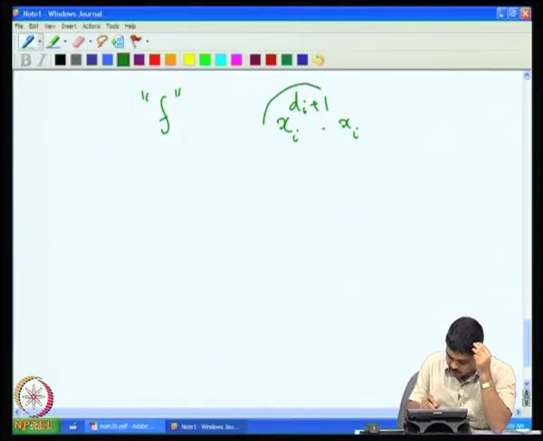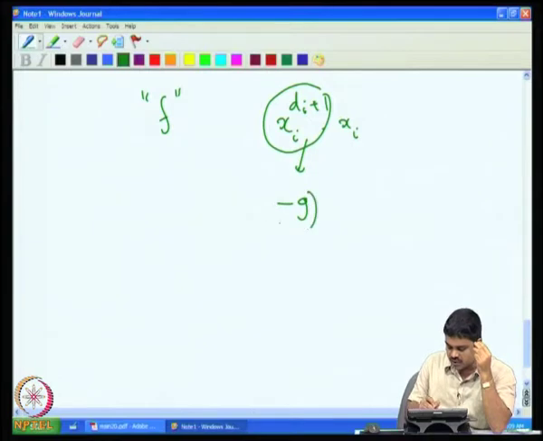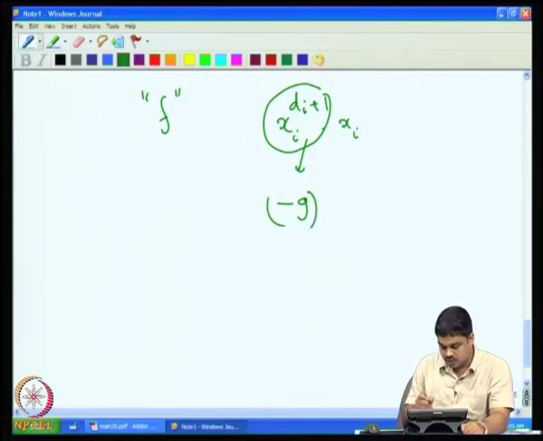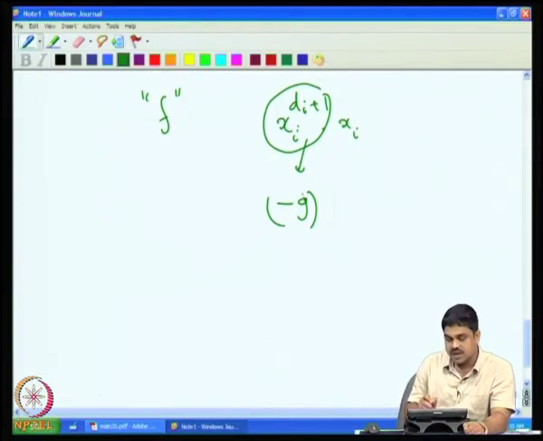So, we can pick up this, separate it and substitute by minus g. We will repeatedly substitute by minus g and multiply again. Because we are substituting with a polynomial of lower degree, the degree will reduce: initially it was degree di plus 1, then only lower degree terms are there, xi raised to di and below, so the degree will reduce.